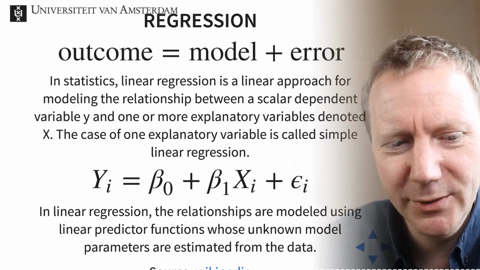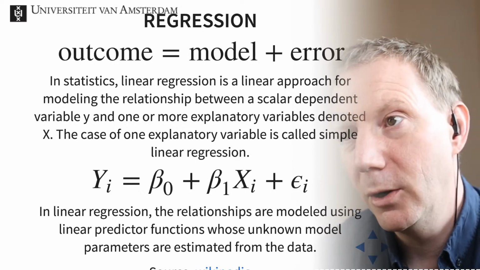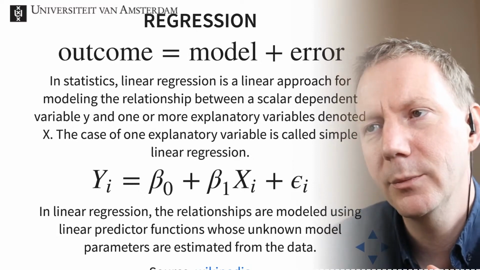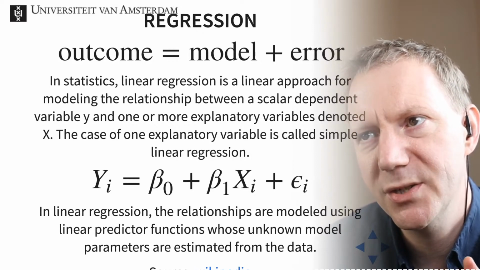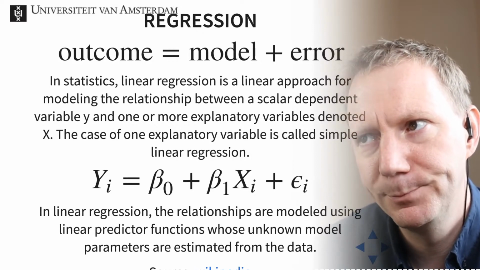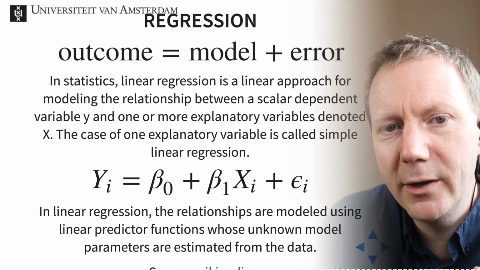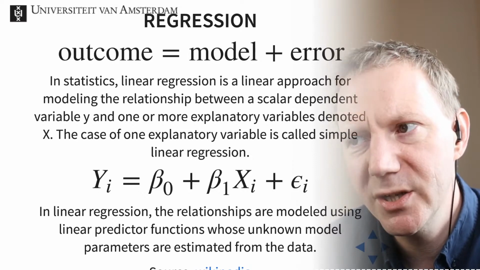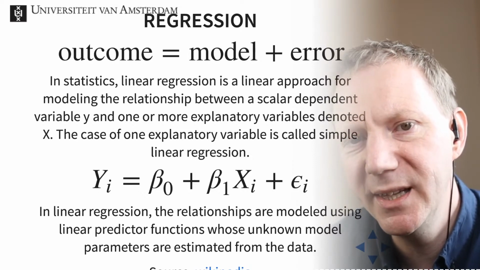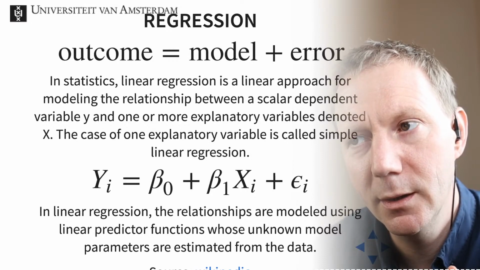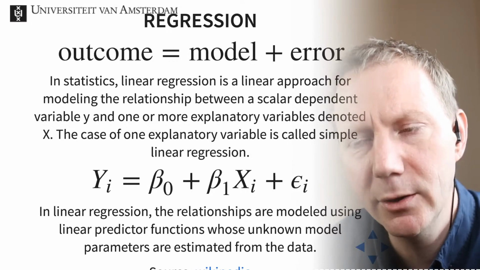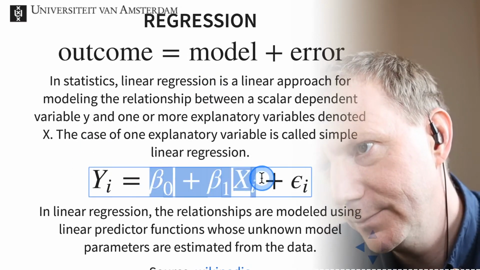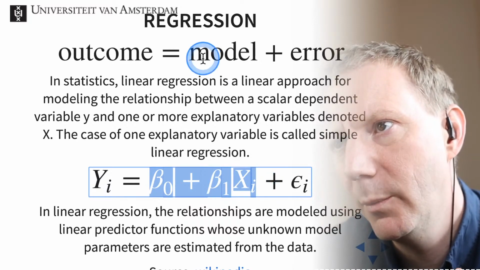So I'm coming back to this notion that Field always refers to, that we have the outcome that is a function of the model plus error, where in a sense the less error you have, the better your model is. And within a linear regression analysis, your model is the linear regression. So everything that you write up here is the model part.